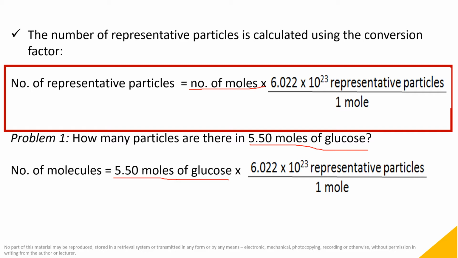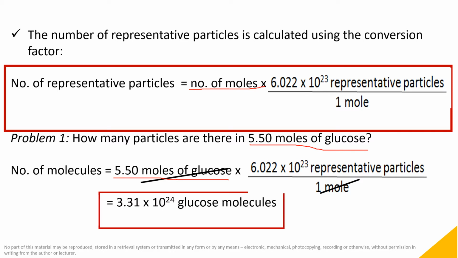Now, let's cancel out the same units. So, we're going to cancel moles. So, 5.50 times 6.022 times 10 to the 23rd power, we'll be having an answer of 3.31 times 10 raised to the 24th power glucose molecules.